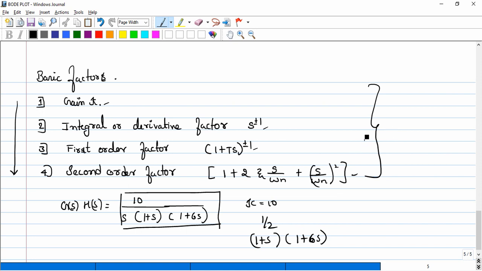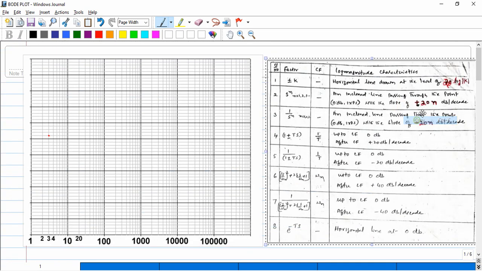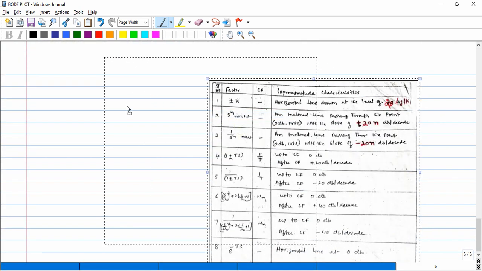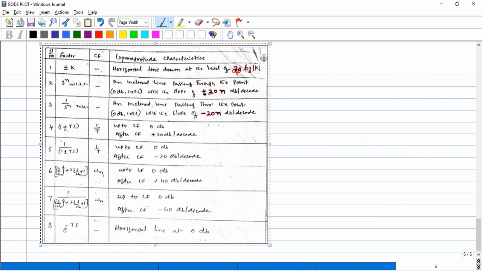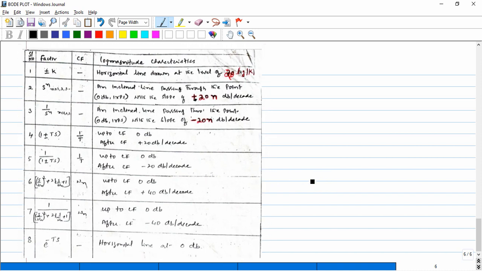Now a more important thing: I request all students to take a screenshot of this. Here this table is nothing but the characteristics of the logarithmic plot for the factors.